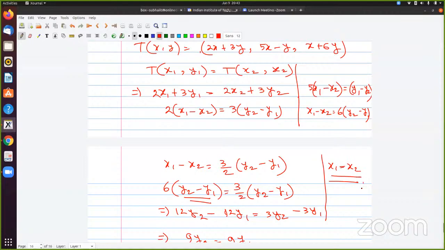So it is clear, this is one to one. We cannot cancel out because we don't know whether it is 0. Is it clear to everyone?